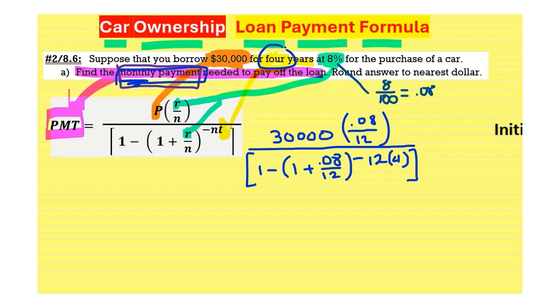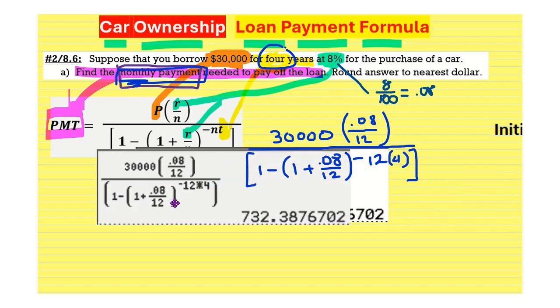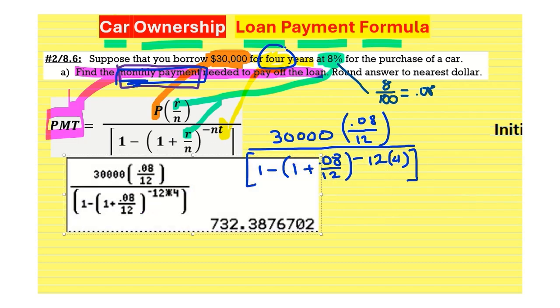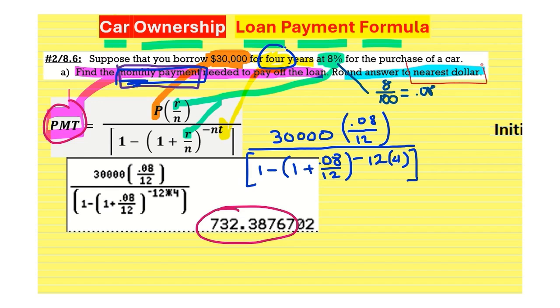So now if we go to our handy dandy calculator, we can put that in and it is going to pop out a nice little answer for us. So it looks like that our payment amount, which was the goal, is going to be this number. And it also tells us that we want to round to the nearest dollar.